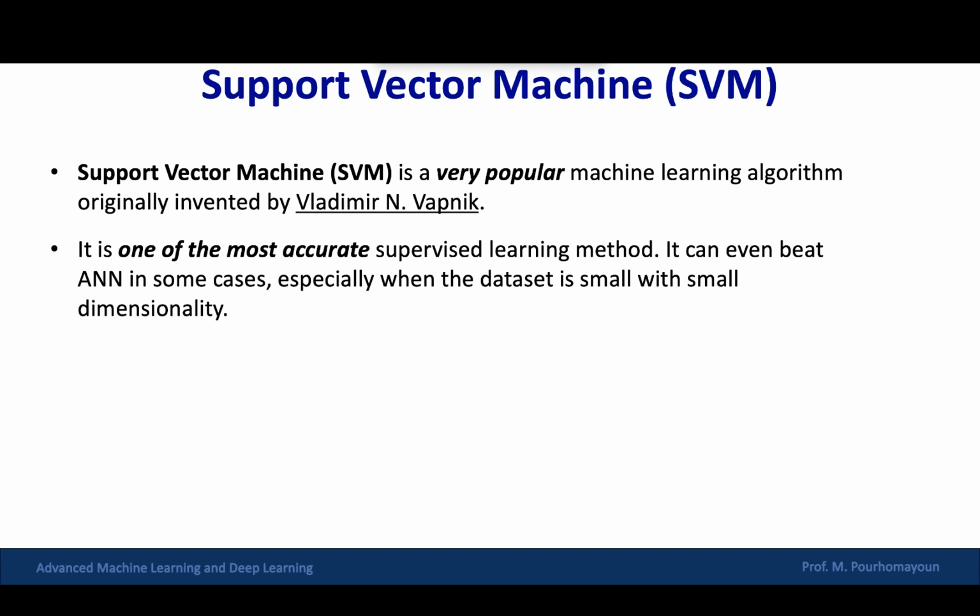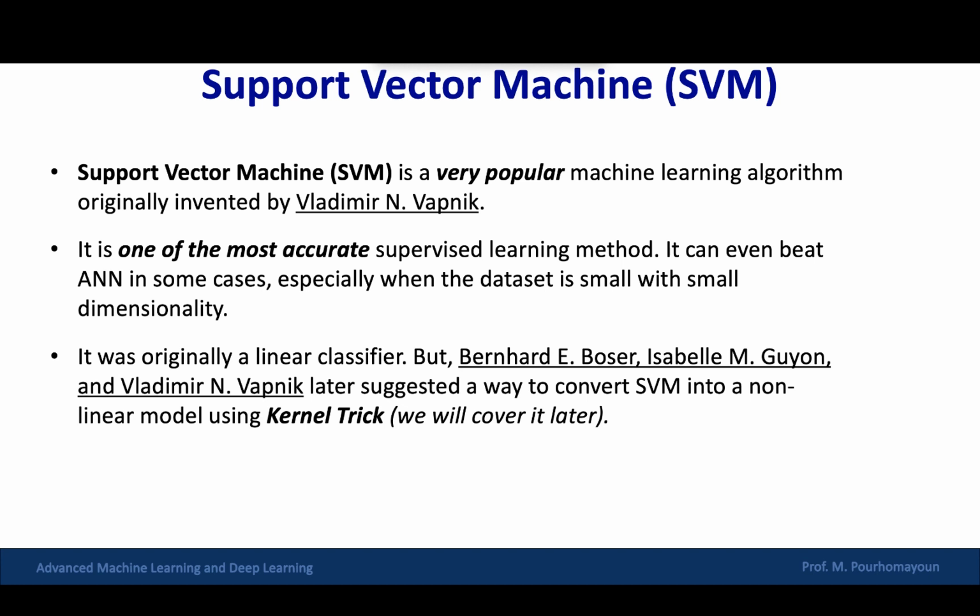The algorithm is simple, but it can even beat artificial neural network in some cases with manually created features, I mean handmade features, and a small data set, especially when the data set is small. And SVM can, in some cases, provide even more accurate results than artificial neural networks.